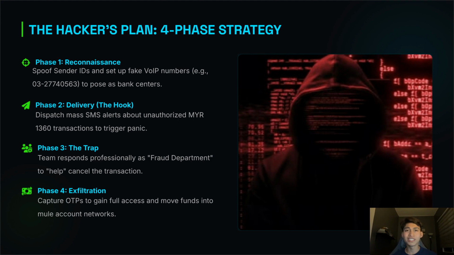Phase 2 is delivery, or what we call the hook. I deploy a targeted mass SMS broadcast. The text falsely alerts the victim that a massive transaction, specifically 1,360 ringgit via Google Pay, has occurred on their card.